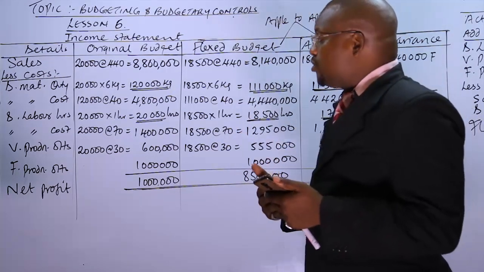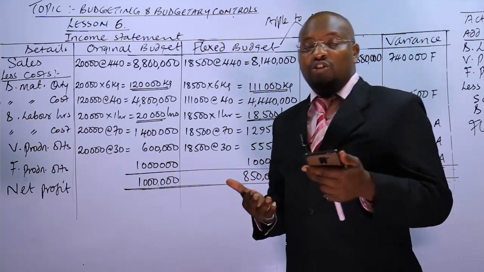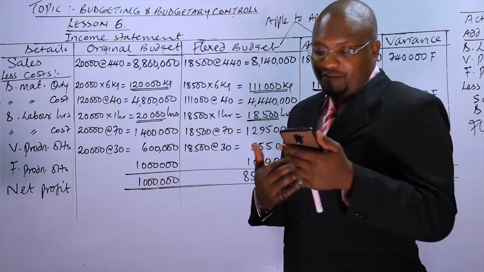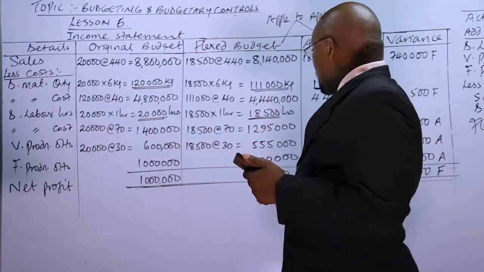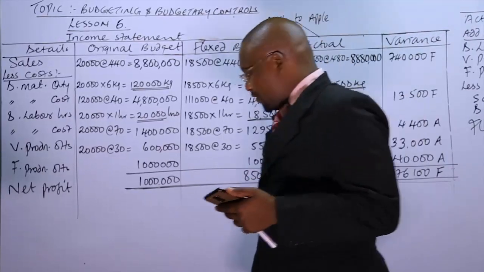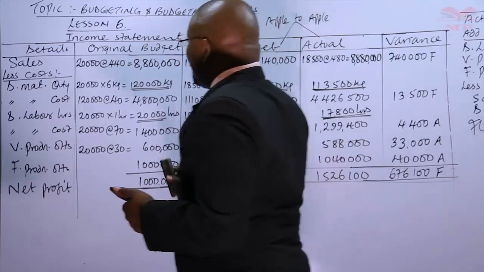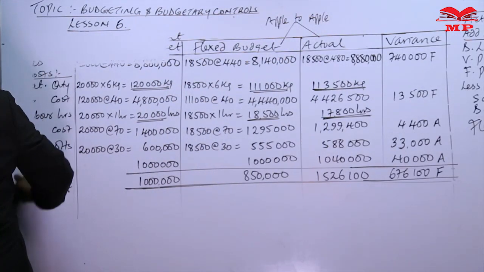So the best one we use is the high-low method, where we take the two levels of production and we are able to use that to separate the fixed from the variable cost. Now, the solution for this will be using the formula of cost estimation. We have done cost estimation previously in our earlier topics.